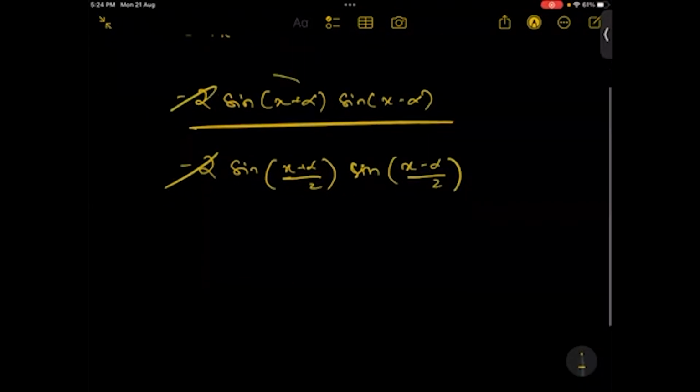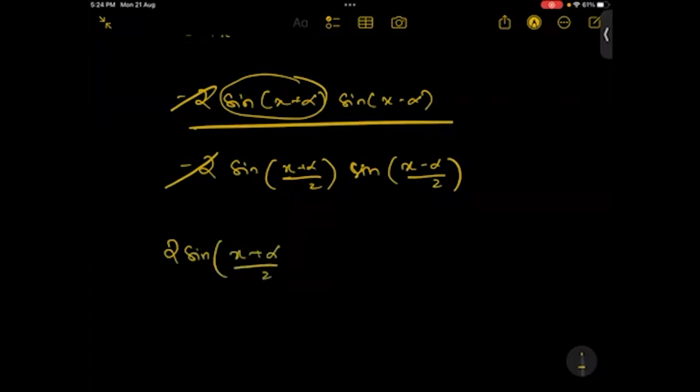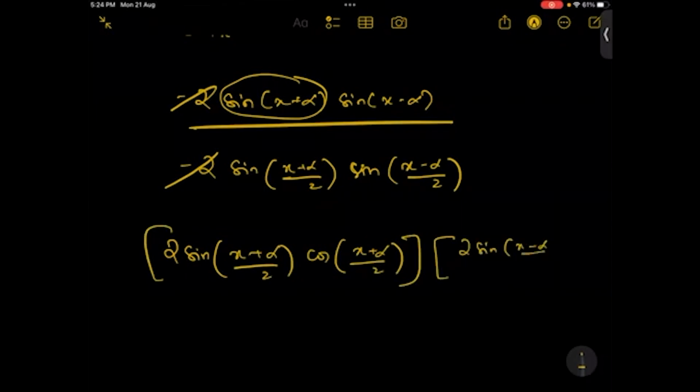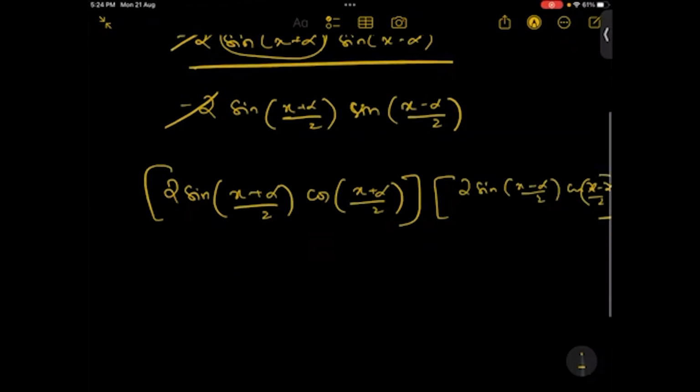Then what did I write the sine of x plus alpha as? 2 sine of (x plus alpha)/2 cos of (x plus alpha)/2, and the sine of x minus alpha I wrote as 2 sine of (x minus alpha)/2 cos of (x minus alpha)/2 only. Same angle, no?